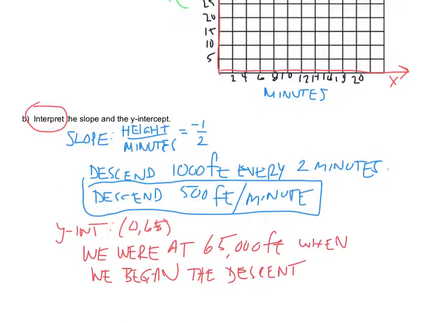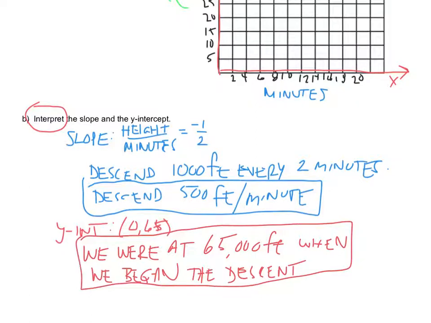So that 0 for minutes means now. Like when we started the descent, where were we? 65, but that really means 65,000. So the y-intercept means we were at 65,000 feet when we began the descent.